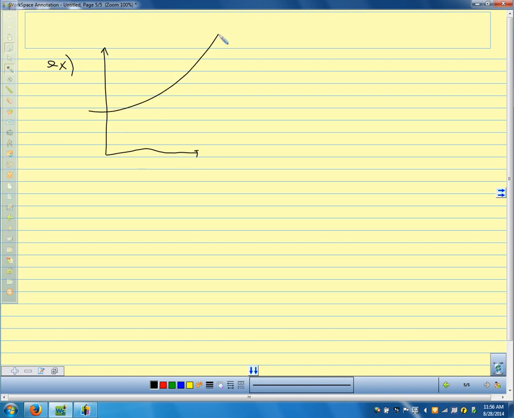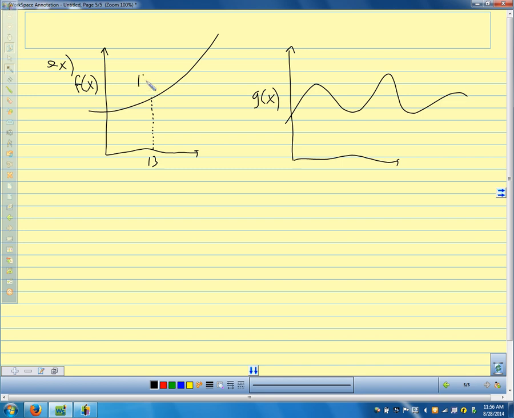And I'm just making this up. This is f, and this graph gives me g. So there's g. And this is the point 13, 17.